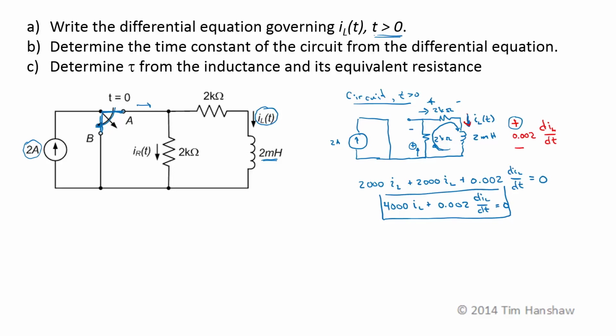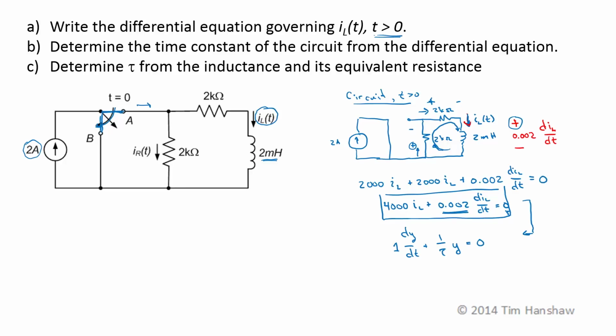In the second part of the problem, we want to find the time constant from this given differential equation. Now, our standard form for a differential equation is going to be dy/dt plus 1 over tau times y is equal to 0 if the equation is homogeneous, which this one is. So what I want to do is get a 1 in front of the derivative term.